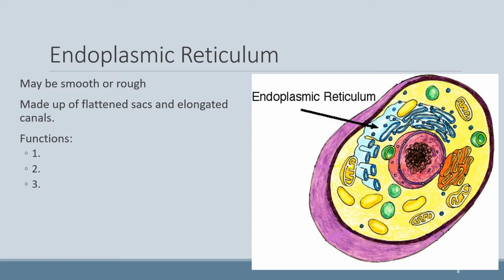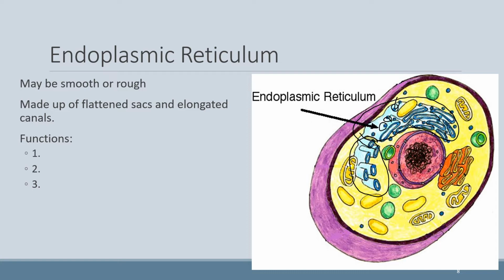You can see in your image over here, these little blue dots represent the ribosomes, so this particular section would be considered rough endoplasmic reticulum. This blue section that contains no ribosomes would be considered smooth endoplasmic reticulum. Basically, it's made up of flattened sacs or elongated canals.